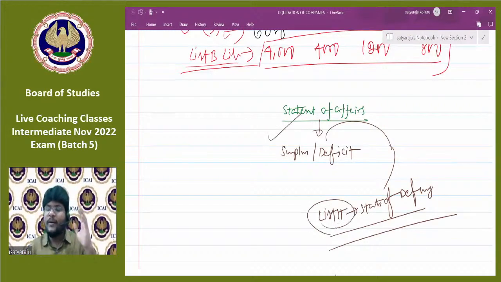If you observe, the statement of affairs will be closed with list G along with the equity shareholders. After list G, list H, which is the statement of deficiency.